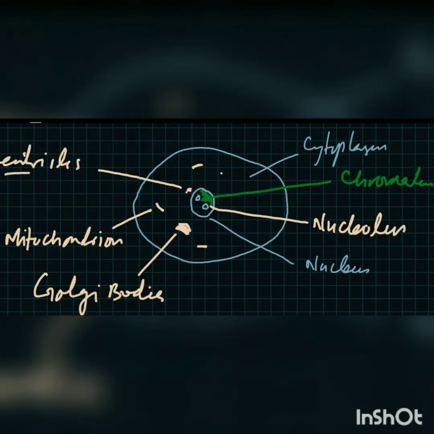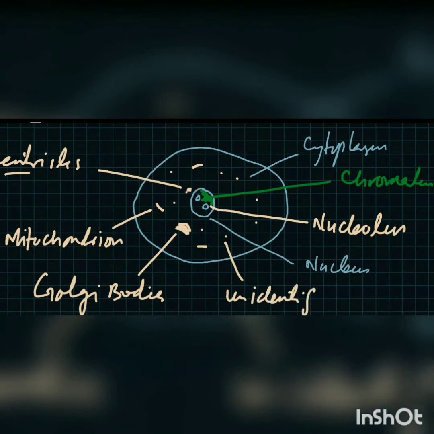There will be some structures that are unidentifiable. These are the structures that we will be able to see under a high power of light microscope.